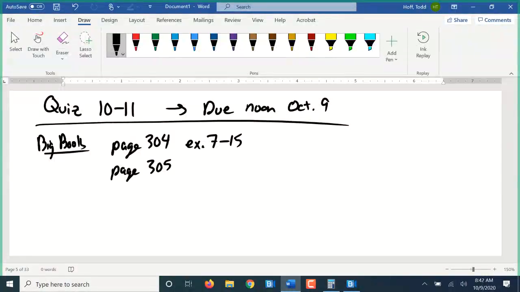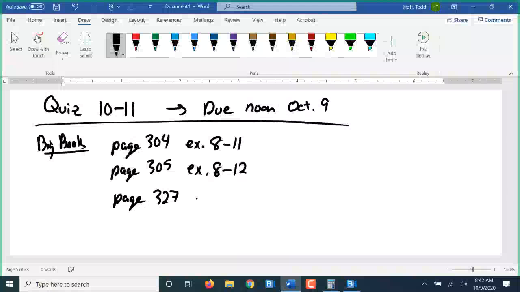Page 304, that's exercise 8-11. Page 305, it's exercise 8-12. Then we jump up for the metric, page 327. That's exercise 9-13.